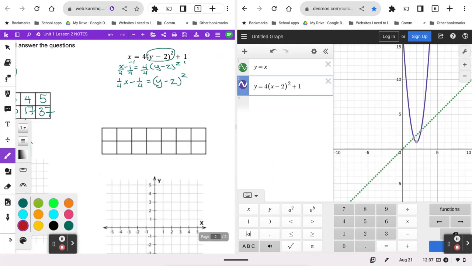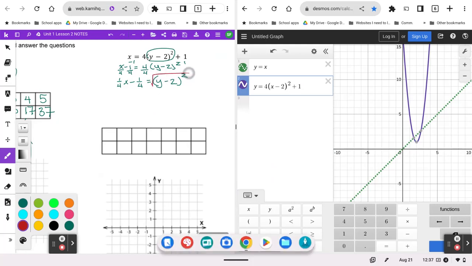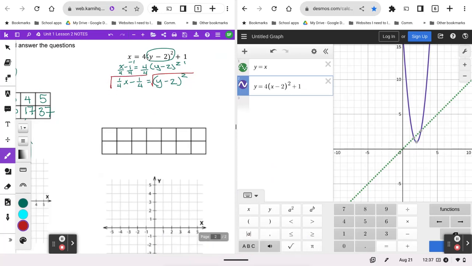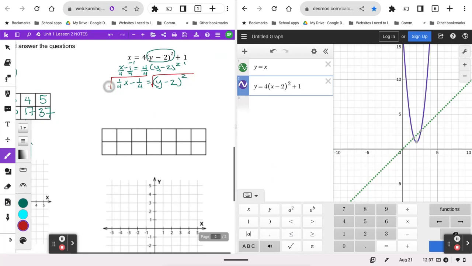Now, in order to get rid of a square, we need to take the square root, and we're going to do that on both sides. We do want to have a plus or minus because it could go positive or negative. We are going to restrict it in a little bit, and I will show you that in a second.